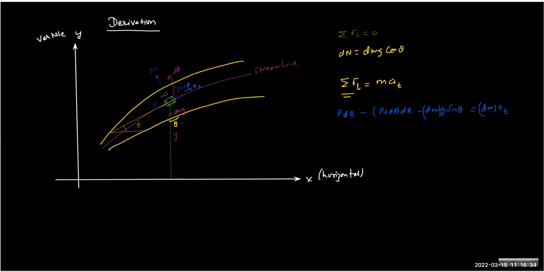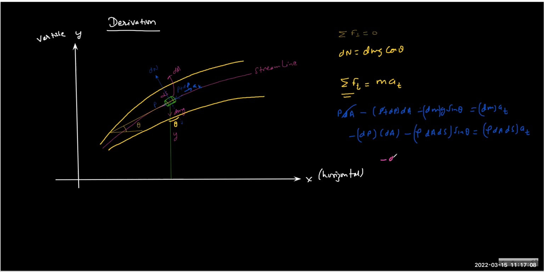So once you solve it, PdA will cancel out. So minus dP into dA, the mass we can write as density into volume, and volume we can write as dA into ds, equals rho dA ds into tangential acceleration. So dA will cancel out.